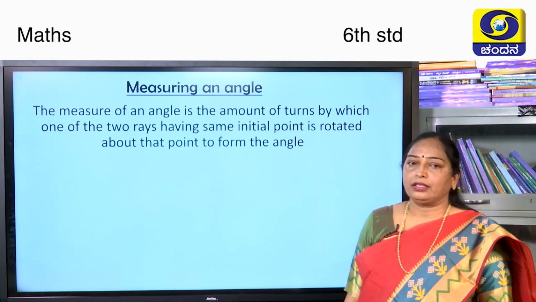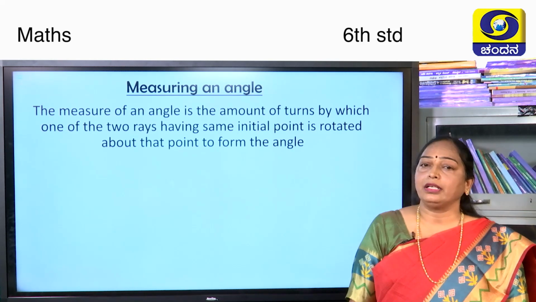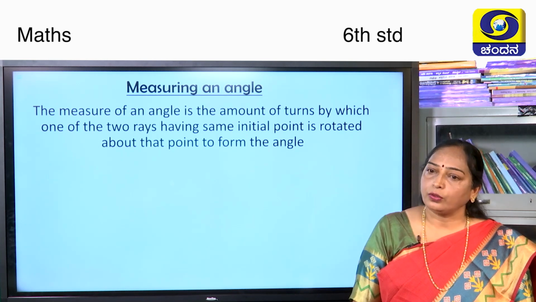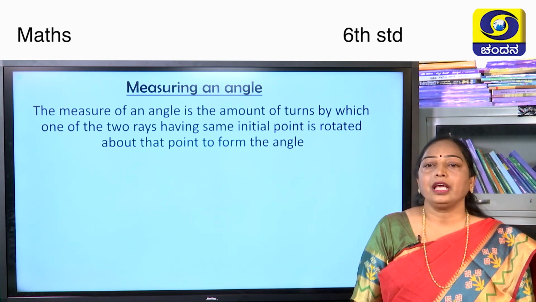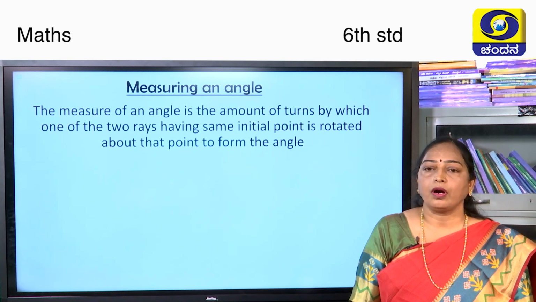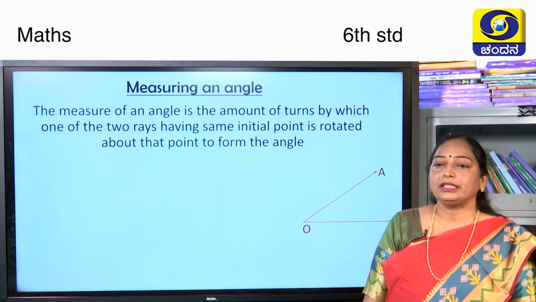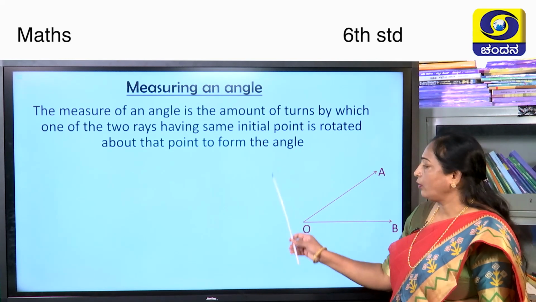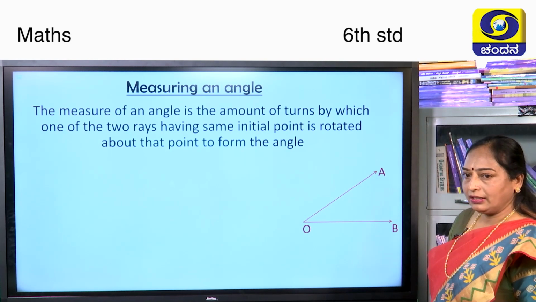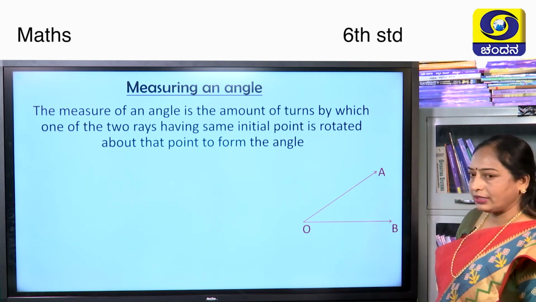Measuring an angle. The measure of an angle is the amount of turn by which one of the two rays having the same initial point is rotated about that point to form the angle. Let's consider one angle AOB. Keep OB stationary, OB as constant.